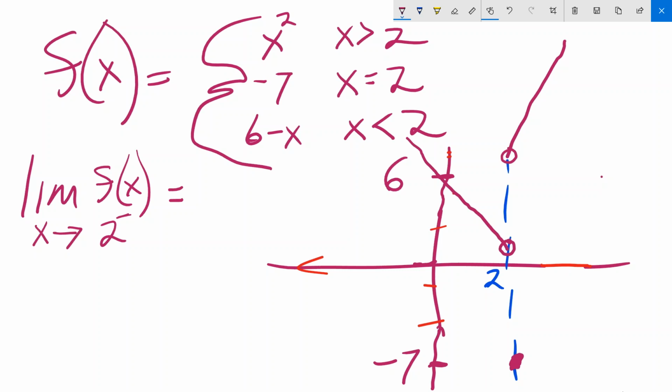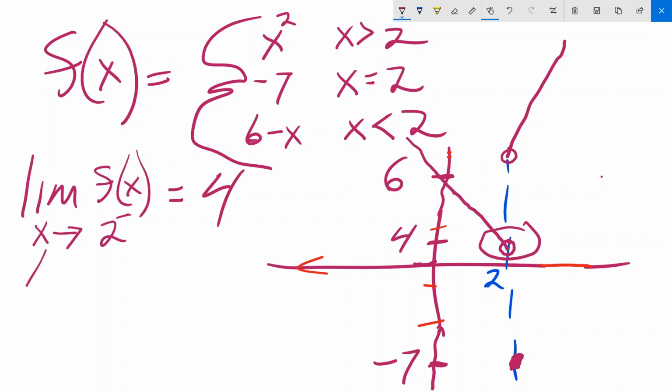In other words, where does this dot right there occur on the y-axis? That's at 4. So what is that limit? It's headed towards 4.